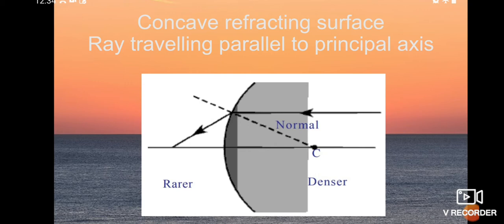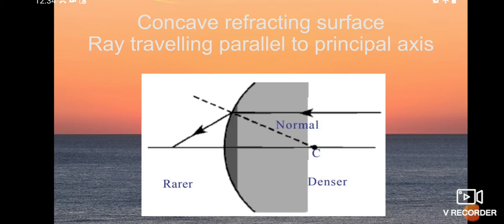If you draw a normal to that ray, you see the refracted ray is going away from the normal. So the ray bends away from the normal.